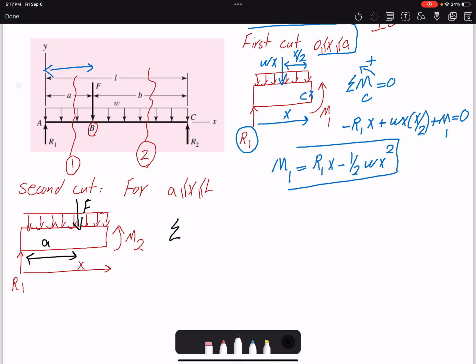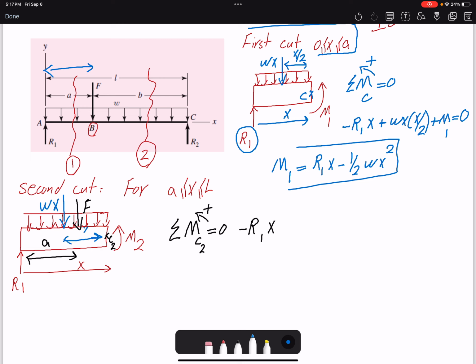I'm going to write summation of moment about point C2, so we know that section cut 2 is 0, counterclockwise is positive. R1 again creates a negative moment, clockwise, the moment arm is x. w, again, the magnitude is wx, the moment arm is half of x.